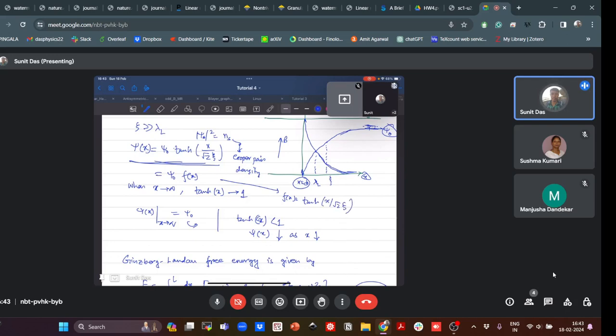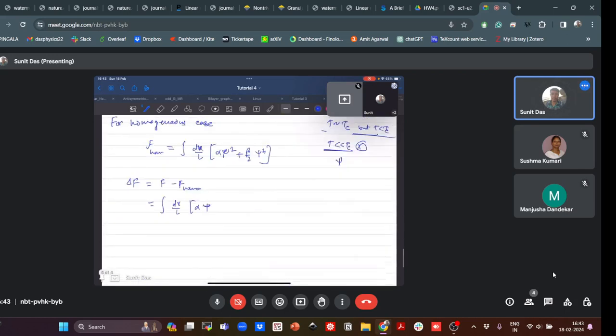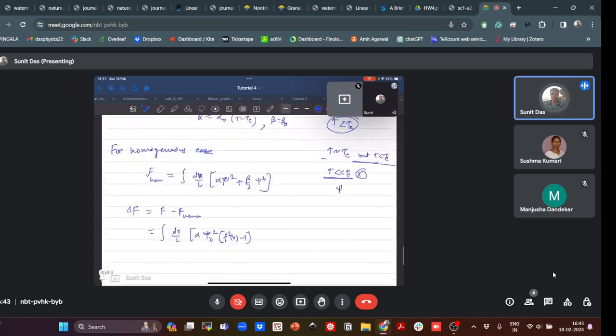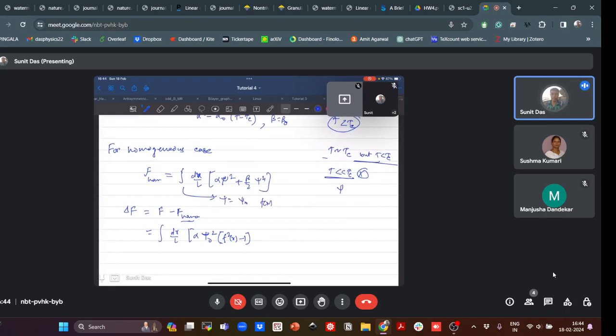I have just separated the constant part and the x dependent term. So we can write it as psi 0 square times f square x minus 1, because in the homogeneous case, psi is only psi 0, since f(x) equal to 1 effectively.